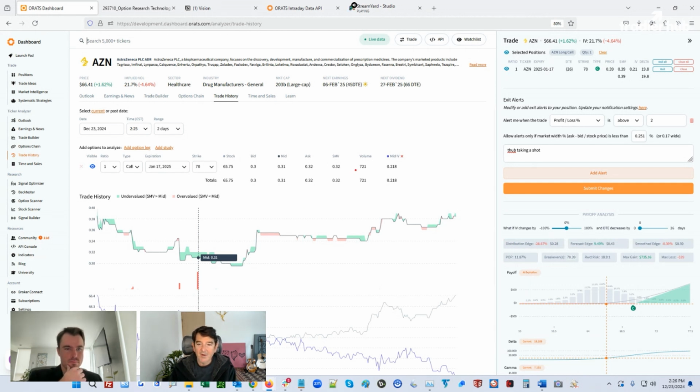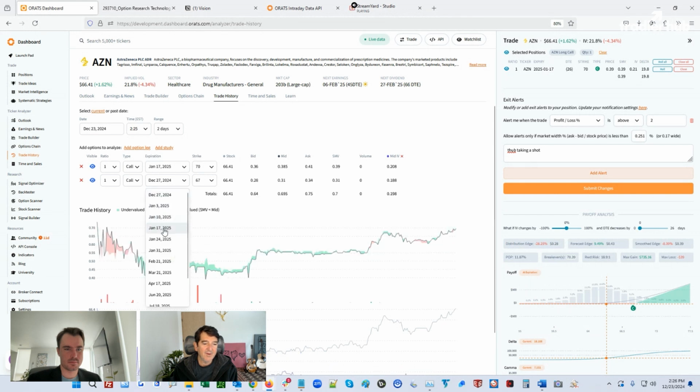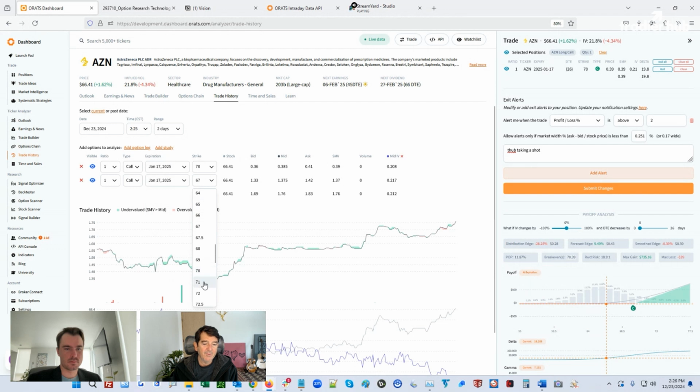So here's that volume right here, and here's the red part that we're mousing over. So that's kind of neat. You can see what the market was at the time. And then if we were going to add a study, so let's say we want to see what a call spread would have been looking like over this time, right?